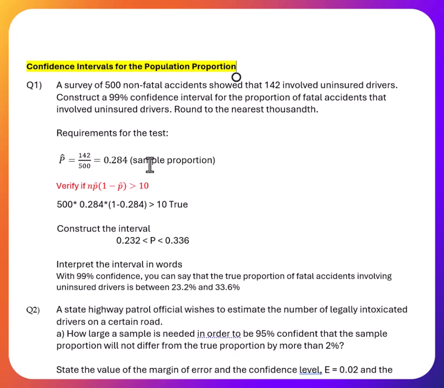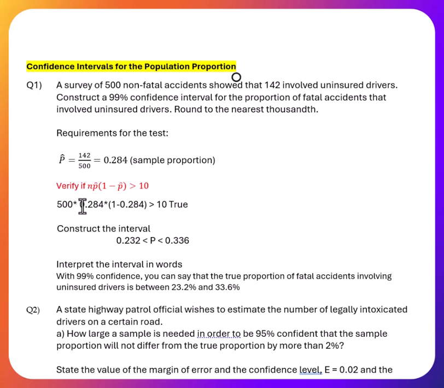Now, if you're asked to verify the requirements of the test before you find the confidence interval, here's how you verify that. You need to verify, with p-hat, that n times p-hat times 1 minus p-hat is greater than 10. n is the sample size, which is 500. 0.284 is p-hat, and 1 minus 0.284 is called q-hat. p-hat is called the probability of success, and q-hat, which is 1 minus p-hat, is called the probability of failure.